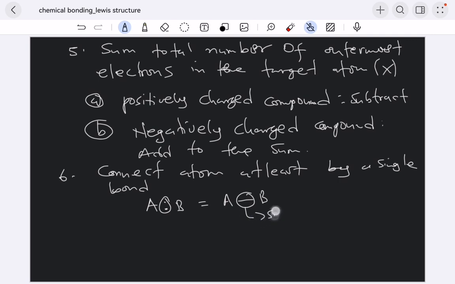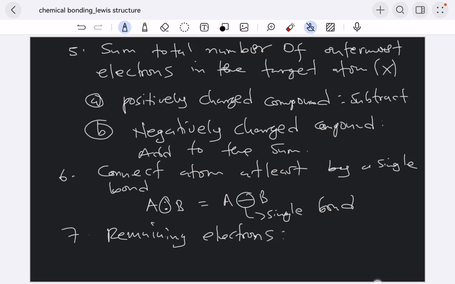So at least I use a single bond to connect. Then 7, what happens to the remaining electrons when we do the total?